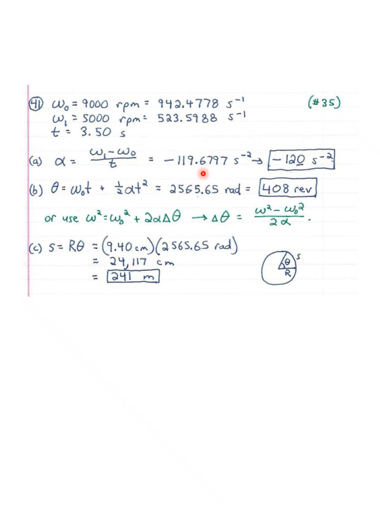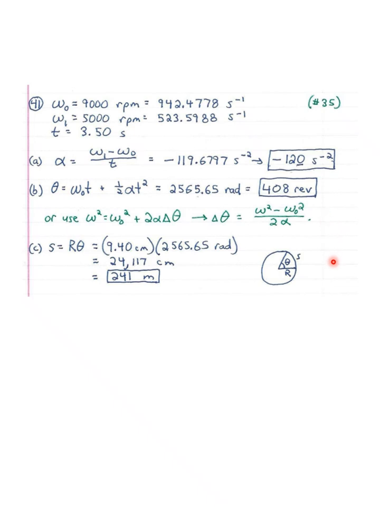Convert that to revolutions, so divide by 2 pi, and you get 408 revolutions. Or you can see in the green ink here, you could also use this kinematic equation: omega squared equals omega naught squared plus 2 alpha delta theta. Solve it for delta theta, and you'll get the same answer.